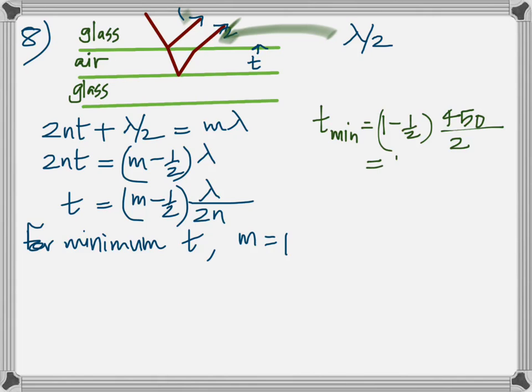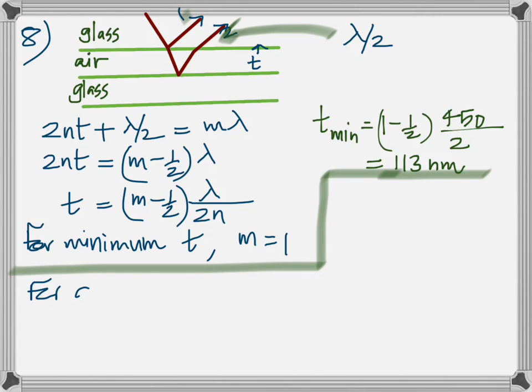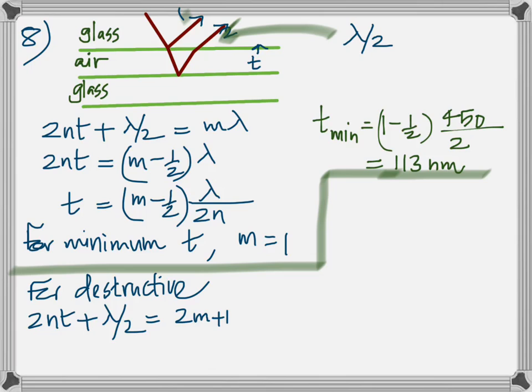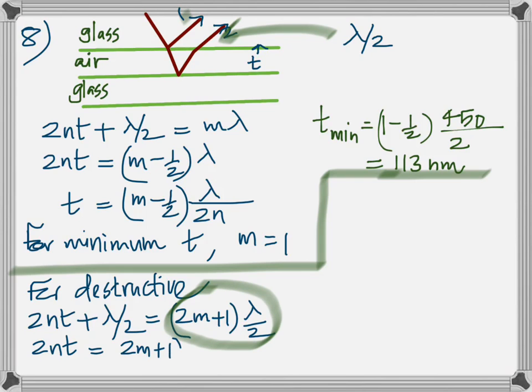So when you take the total path difference, it is 2nt plus lambda by 2. In all other cases, it was the first one that had an additional path of lambda by 2, so in that case, you take 2nt minus lambda by 2. In the third case, if both of them have an additional path of lambda by 2, then it cancels out and you only take the path difference as 2nt. I hope that's very clear.